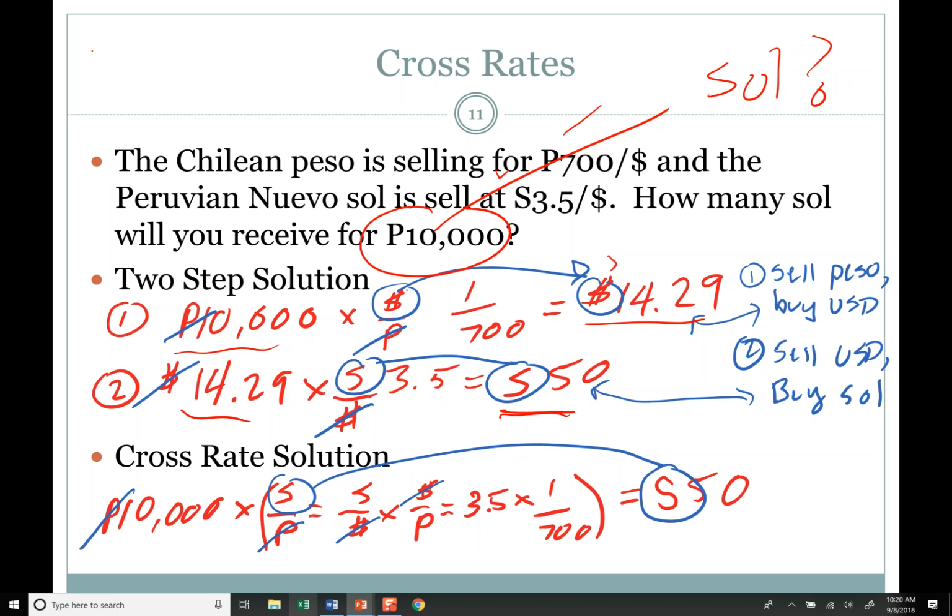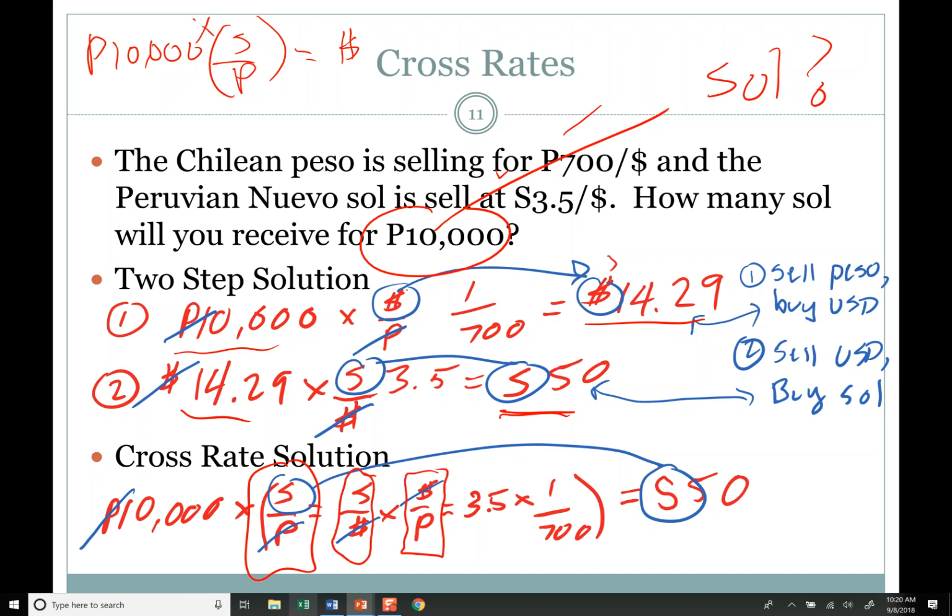If I'm going to go from 10,000 pesos to sol, all I need is a sol over peso exchange rate, right? I just need to multiply times the sol over peso exchange rate. Well, I can build a sol per peso exchange rate by taking a sol over dollar exchange rate, multiplying a dollar over peso exchange rate.